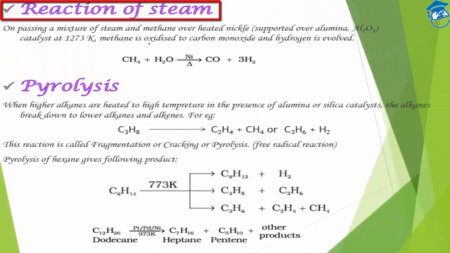Next is reaction over steam. So when we pass methane over steam, with a suitable catalyst like nickel over alumina, Al2O3, it could be oxidized to carbon monoxide and hydrogen gas could be evolved, and this acts as a fuel.